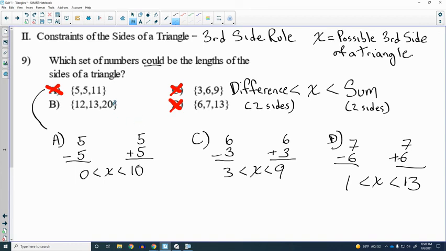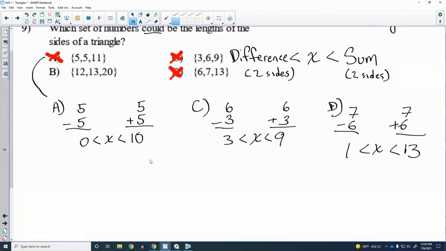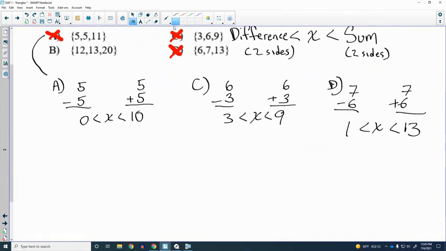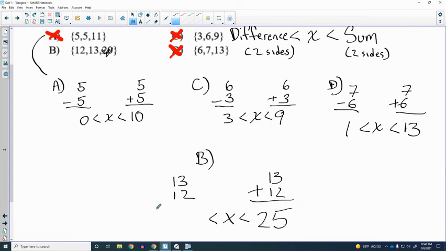But let's look and see why it is B. So I'm going to take B over here, which is my answer. And I'm going to pretend I'm not looking at the 20. I'm going to put the 13 over the 12. Get my rule ready. I'm going to add 13 plus 12, which is 25, and subtract 13 minus 12, which is 1.